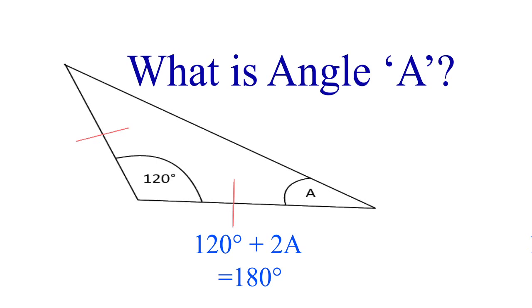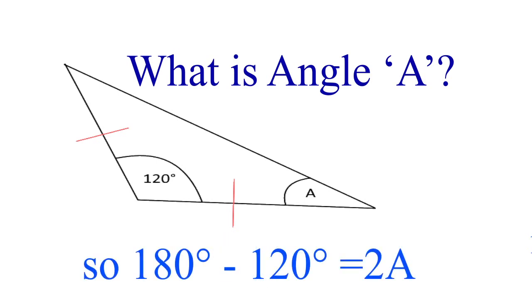How do we find out what 2A is? If we take away 120 degrees from 180 degrees, that will give us 2A. 180 degrees minus 120 degrees equals 2A. What's 180 minus 120? That gives us 60. That means that 2A equals 60.